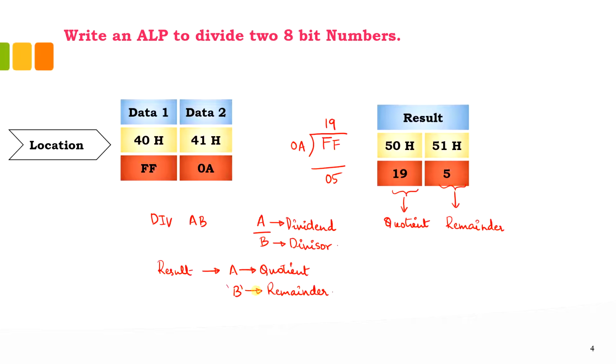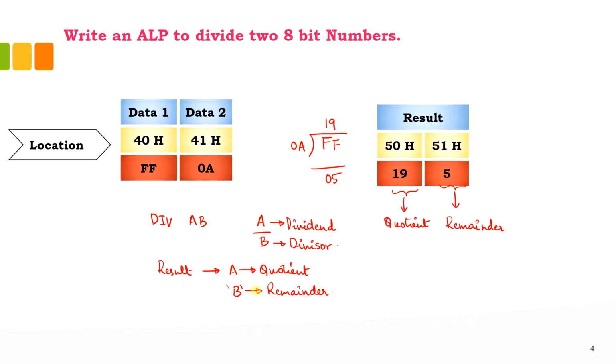To check whether our division is correct or not, you can use your calculators in the hexadecimal mode. You can perform the division and there you will obtain the quotient.